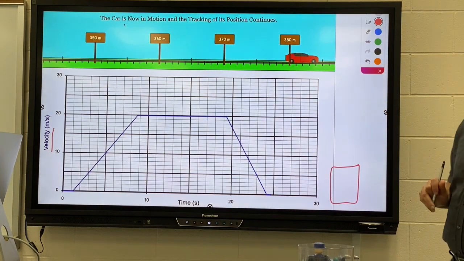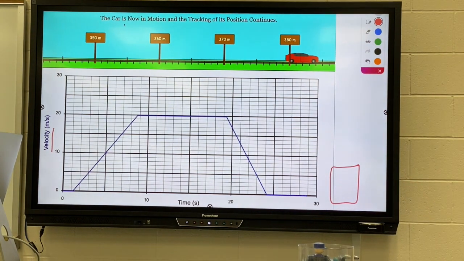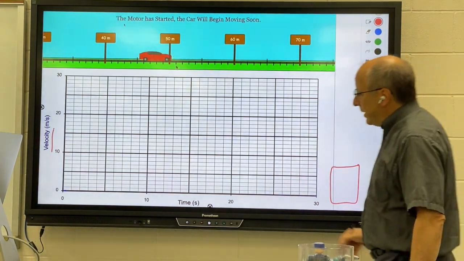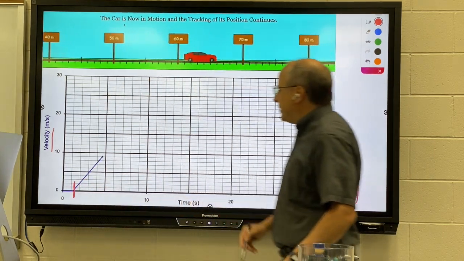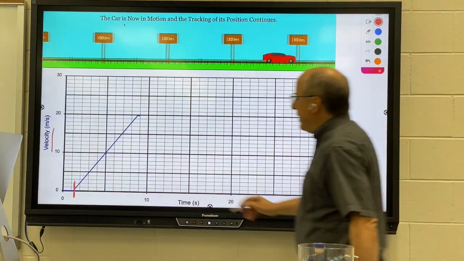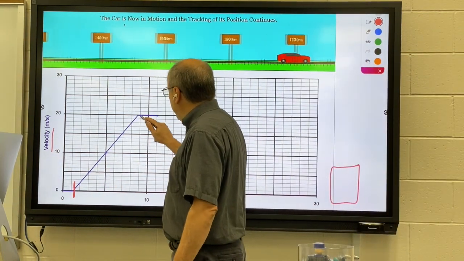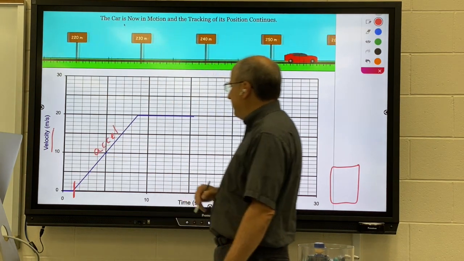So you should draw this graph out in your notes and make sure you understand what each of these regions represent. Okay? This first region, for the first maybe second and a half, represents when the car had no velocity. It was at rest. Now you can see the velocity getting larger. This is where the car is accelerating.